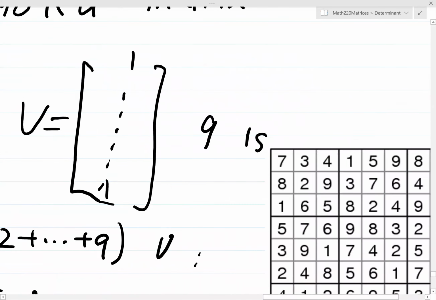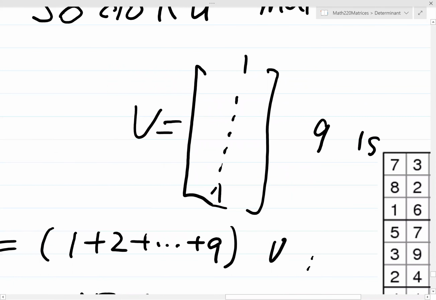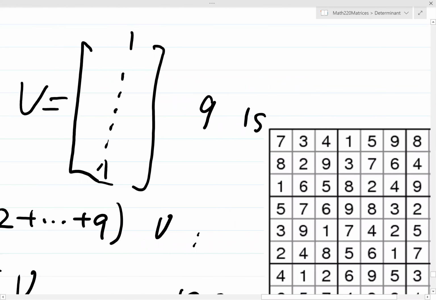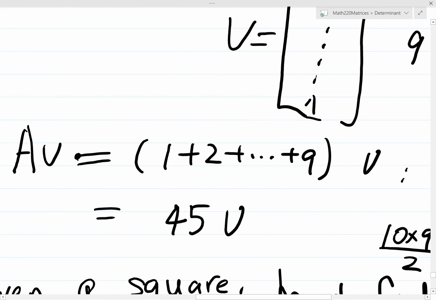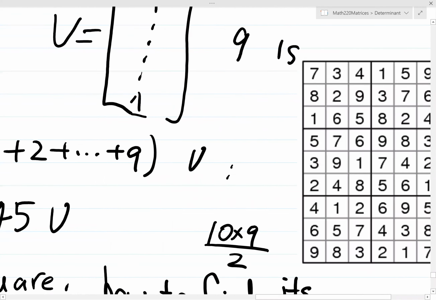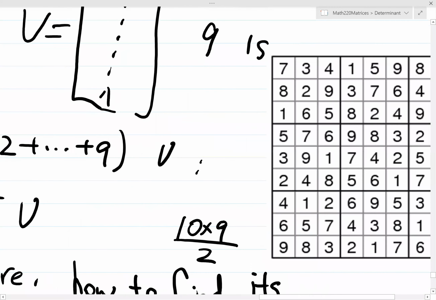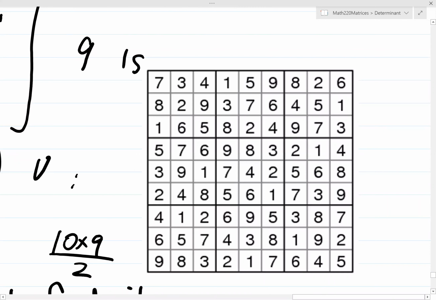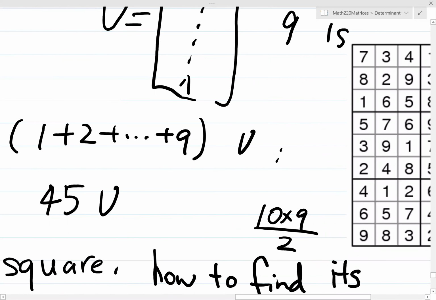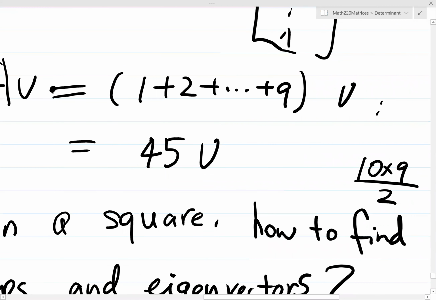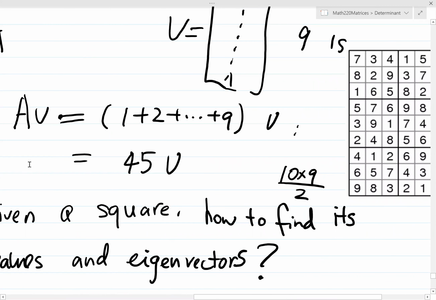So if you have this vector V with nine components, all ones, then A times V is a vector where each component is the sum of 1 through 9, which is 45. So you get 45, 45, ..., 45. If you factor out 45, you get 45 times V. So we get an eigenvector V and an eigenvalue 45.